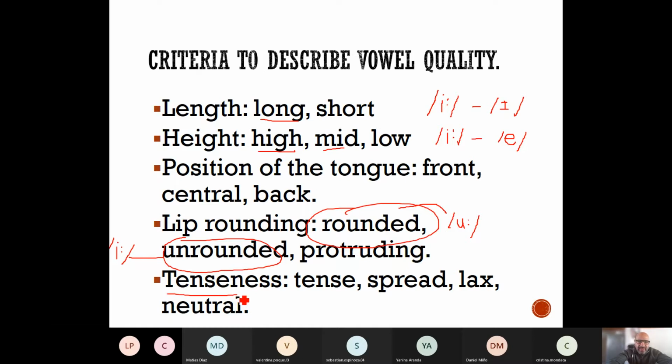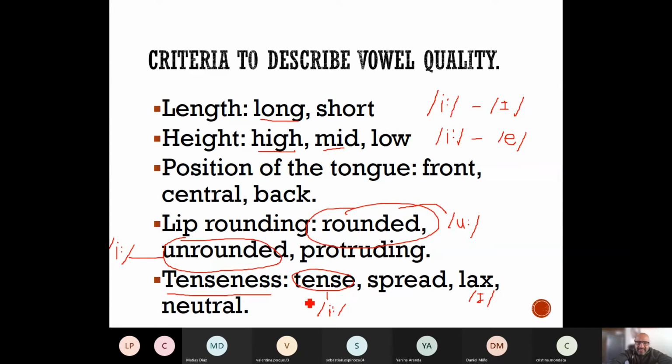And also the other concept is tenseness. If the lips are tense, for example, when we say E, the lips are tense. And when we say, for example, I, the vowel sounds, sorry, the lips are lax. Tense when we say E, and lax when we say I. All long vowel sounds are tense.